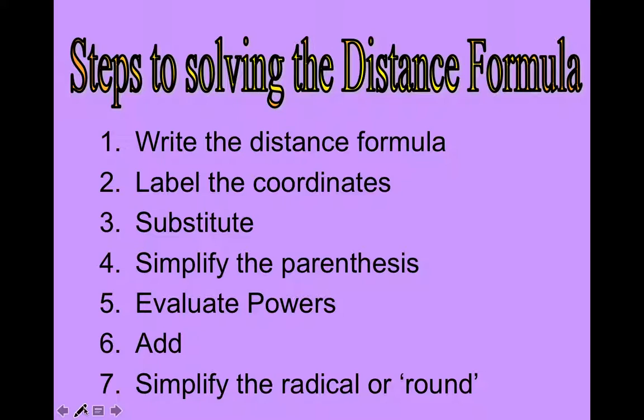When we say substituting, we're talking about substituting in your x1 and y1 and your x2 and y2. Then you want to simplify the parentheses, evaluate the powers, add the two integer answers that you get, and then simplify the radical or round. It just depends on what the question is asking.